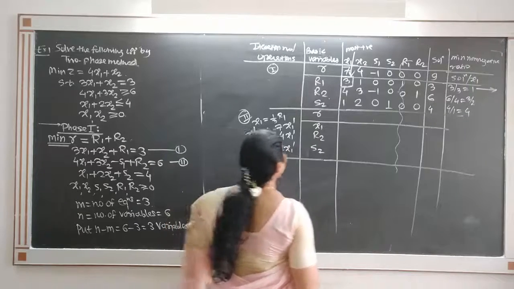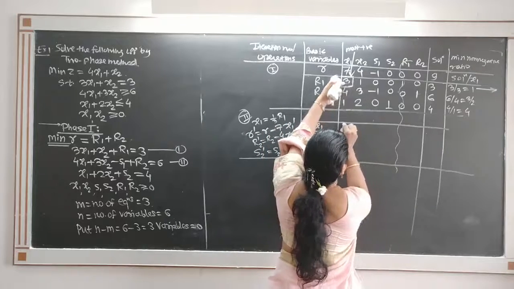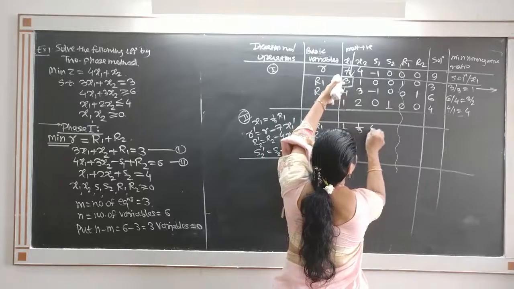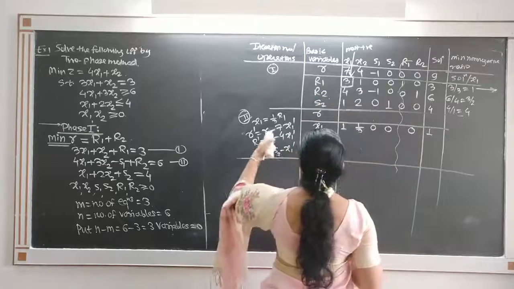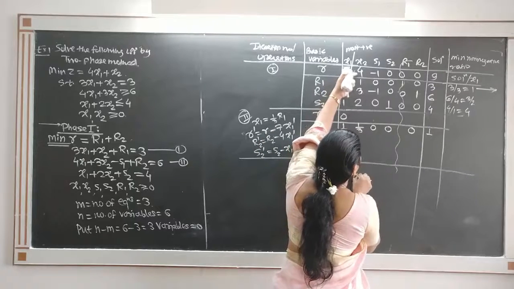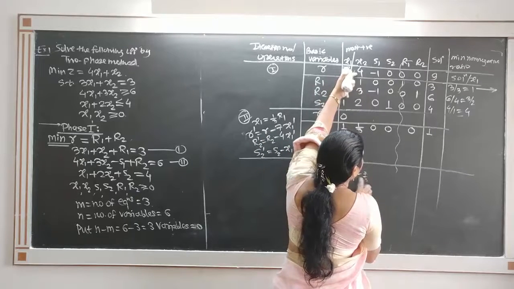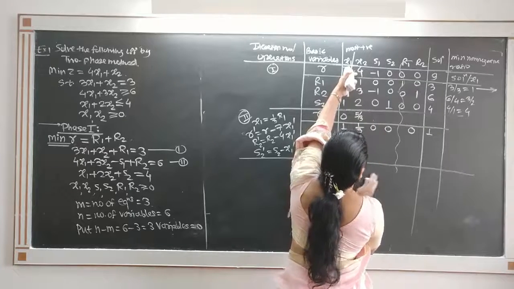So do the operation. x1 is 1 by 3 r1, so do 1 by 3 times: 1 by 3, 0, 0, 0, 3 by 3 is 1. R row minus 7 times: 7 minus 7, 0. 4 minus 7 by 3, 12 minus 7, 5 by 3.